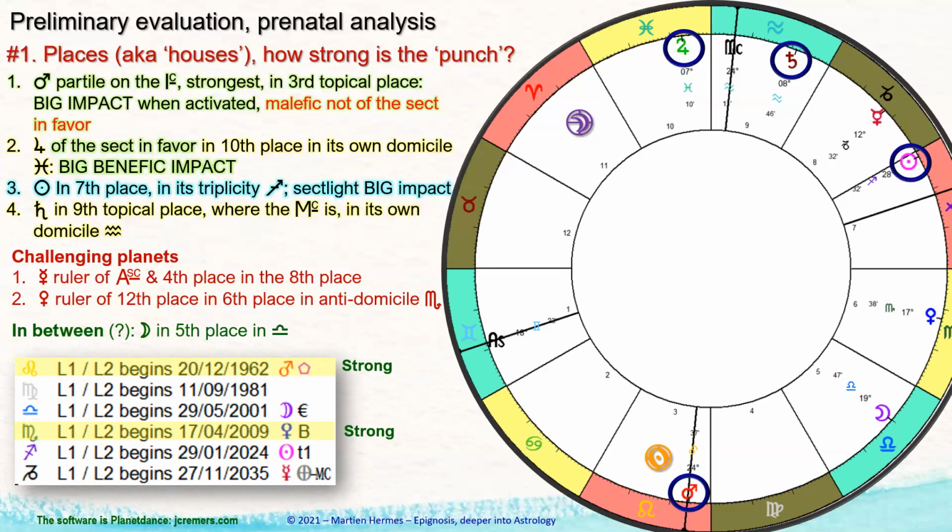So these periods must have been very strong, which is not to say that they are necessarily very good. When you look at the Scorpion period, which is after your fourth house triad, we see that Venus is there, which is also a planet not of the sect, getting really messed up, I think, by Aries, the planet ruling this Venus.